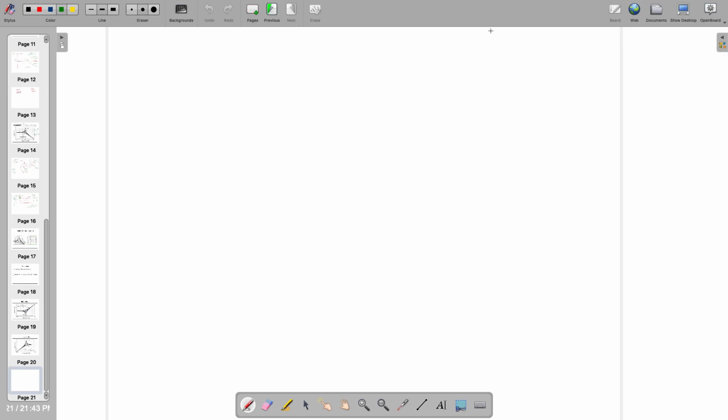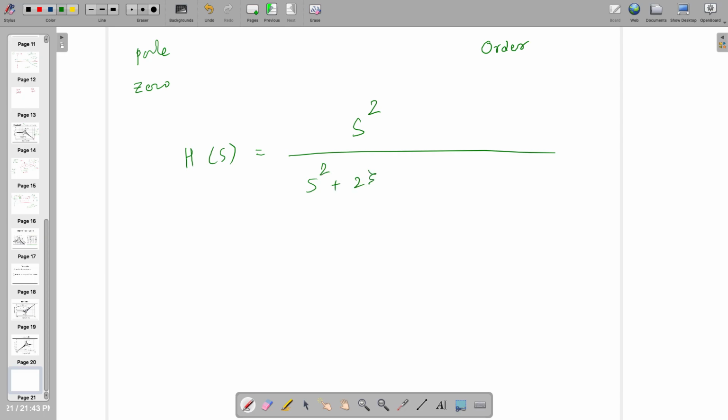Now you are expert in order, you are expert in poles, you are expert in zeros. But this is what you can see from the transfer function. Just to check, can you tell me what is the order of this system?